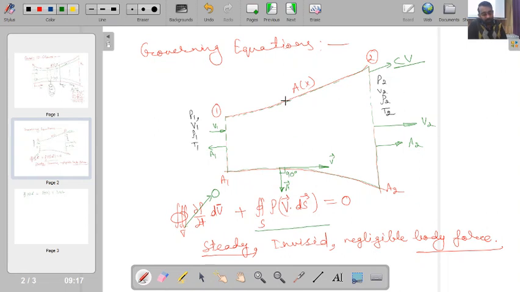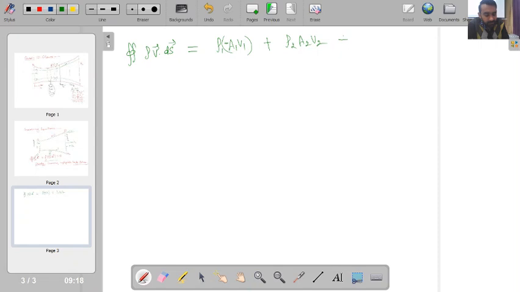So for these control surfaces, between velocity and area I will have a 90 degree angle, and because of this V dot ds will vanish and I will get plus 0. So from here I am simply getting rho 1 a1 v1 equal to rho 2 a2 v2.